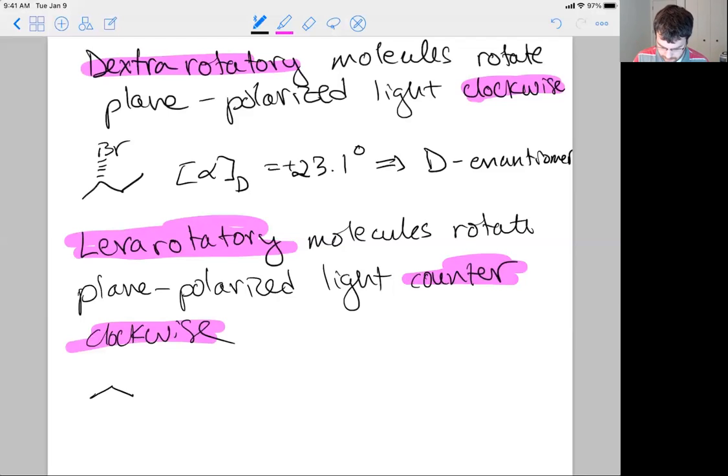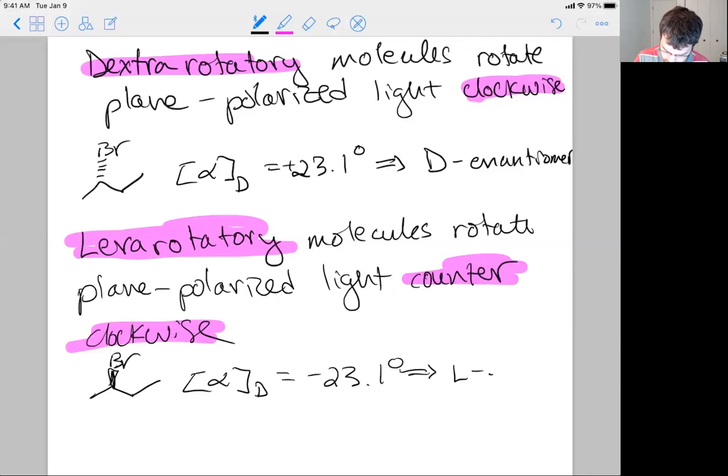Okay, so then continuing on, we have this example where the alpha D was equal to minus 23.1 degrees. That would then be the L enantiomer, the L enantiomer for levorotatory.